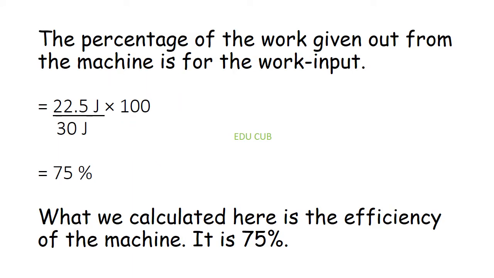The percentage of work given by the machine with respect to work input, we can take by 22.5 divided by 30 joule multiplied by 100. So percentage will come 75 percentage. We can calculate here the efficiency of the machine, it's 75 percentage.